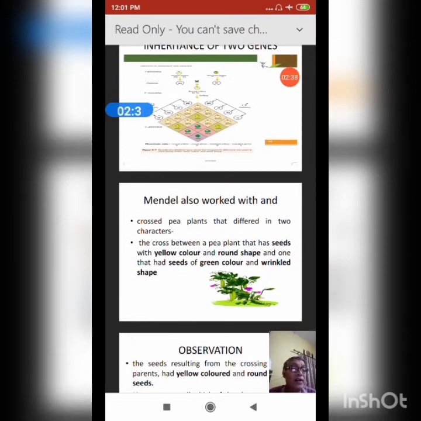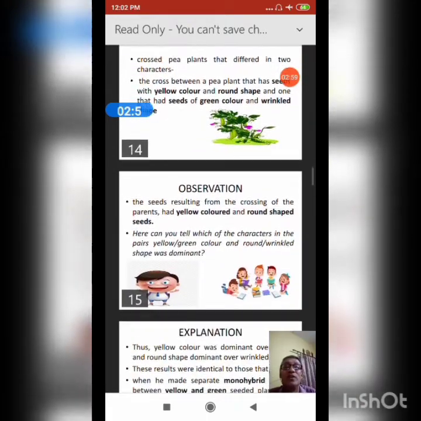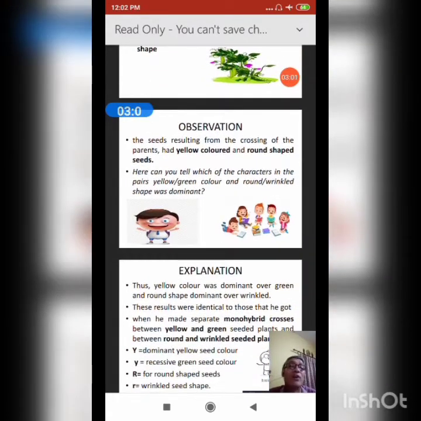How was it proved? Mendel also worked with crossing pea plants that differed in two characters. Number one, the cross between a pea plant that has seeds with yellow color and round shape, and one that has seeds of green color and wrinkled shape. What did he observe?